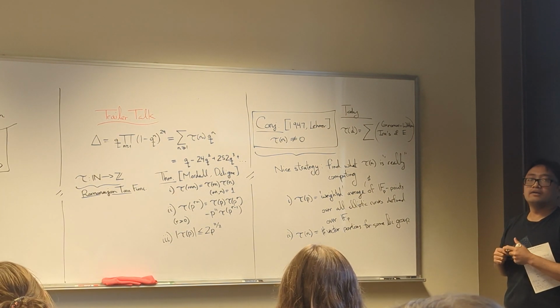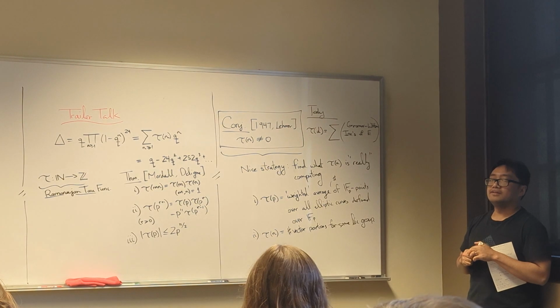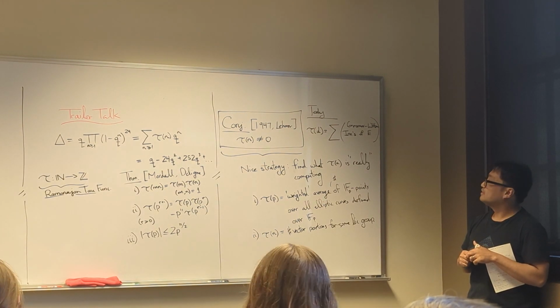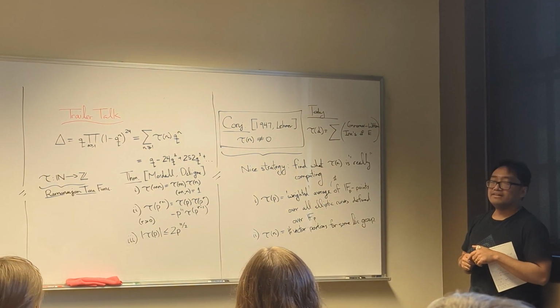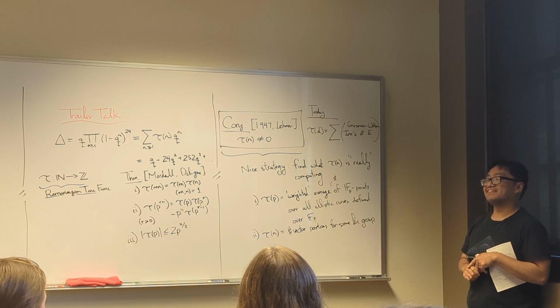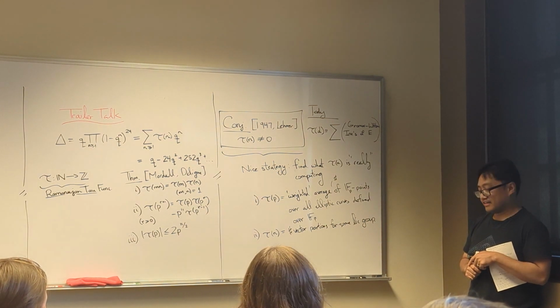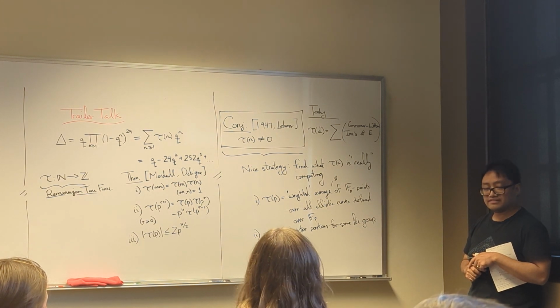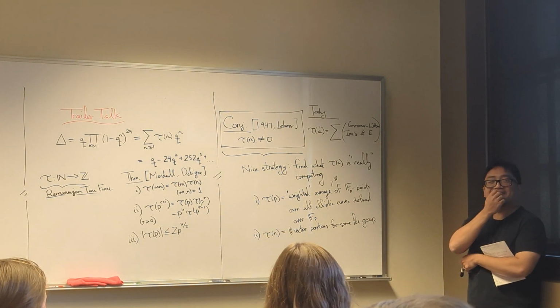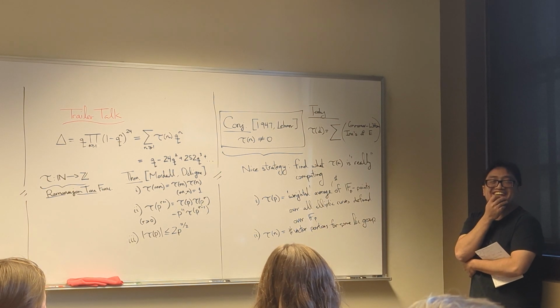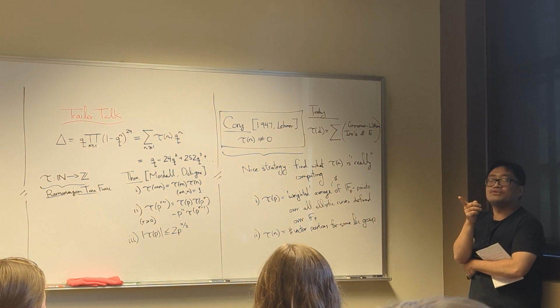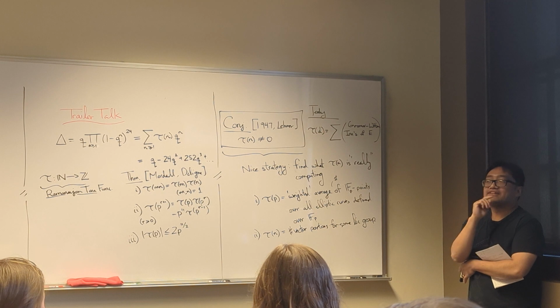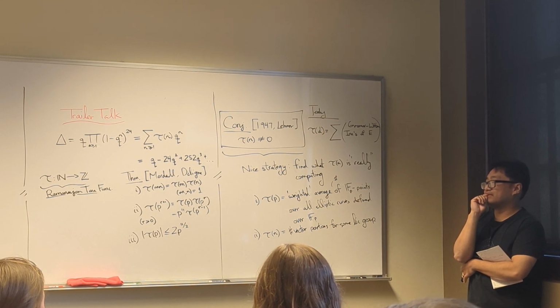Are there any post-trailer questions? Where does 24 come from? Yeah, 24 always shows up in this world. I think one interpretation is that it's the dimension of something. I can't remember exactly. There are 24 types of lattices or something like this. That's one reason.